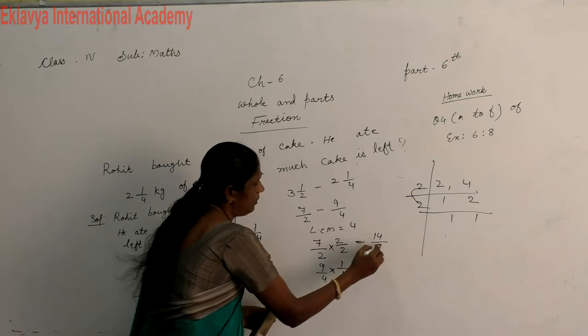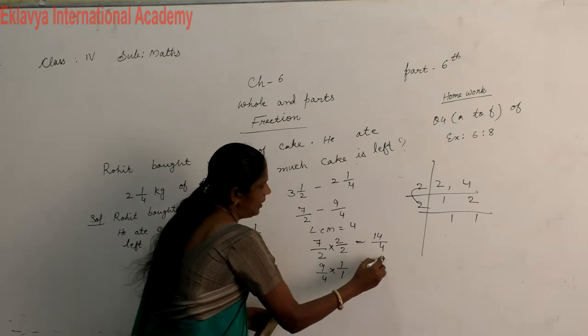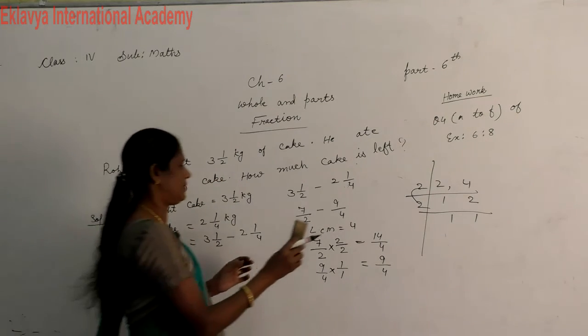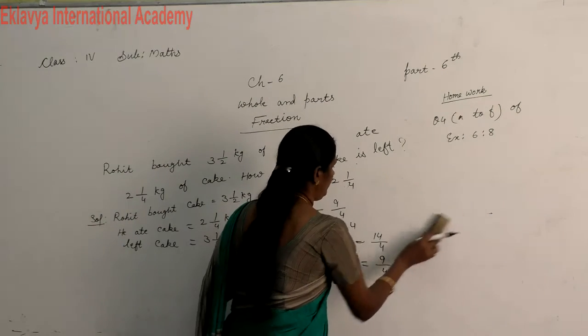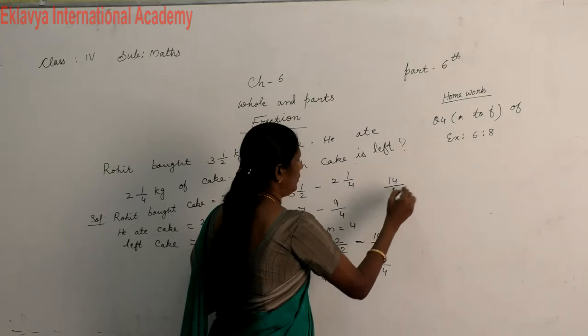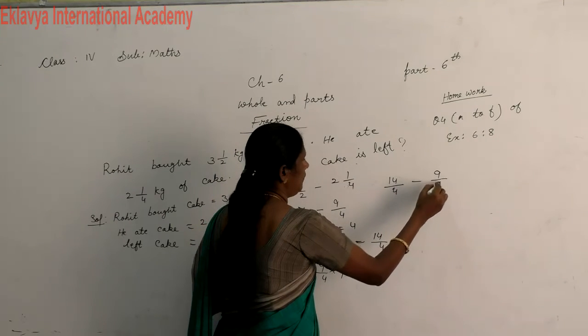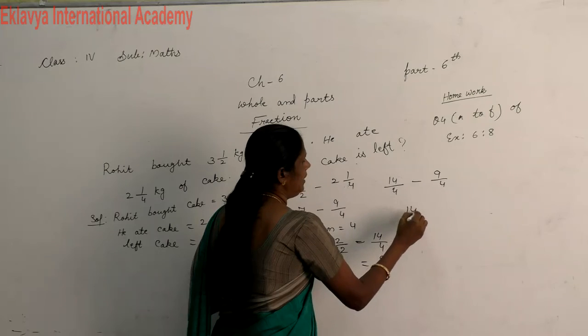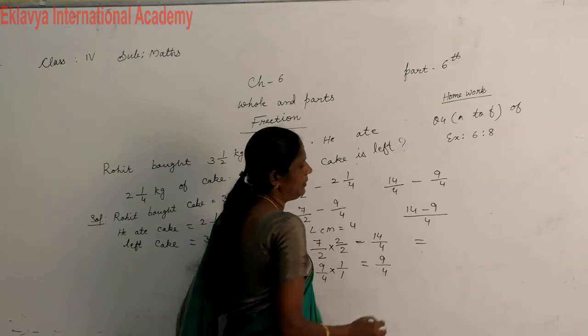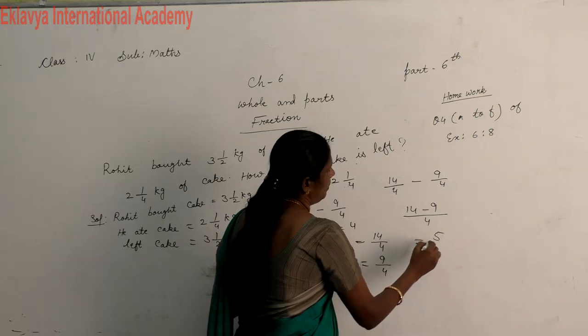This is 14 by 4, here 9 by 4. Now you subtract this. 14 by 4 minus 9 by 4. Then 14 minus 9 by 4. You get 5 by 4.